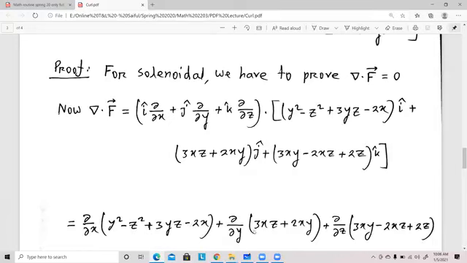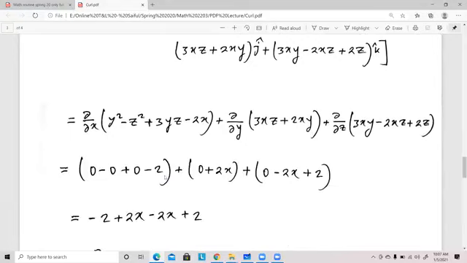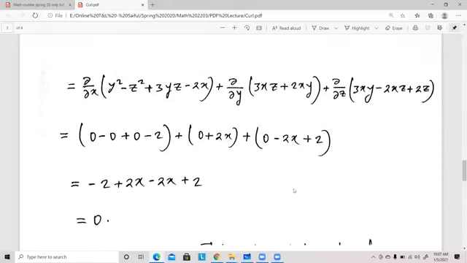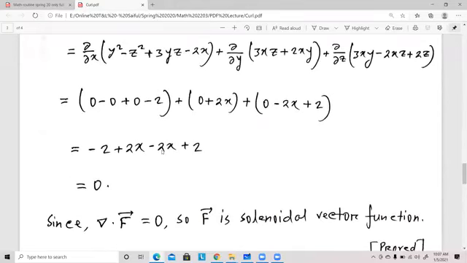From the second term, 2x থাকবে। 2y6, and from the last term, so minus 2x plus 2. Minus 2y6 plus 2. Good. So দেখো এখানে আমাদের minus 2 plus 2y6 minus 2y6 plus 2. So every term is cancelled. So it is 0, and since the divergence of f is 0, so f is solenoidal vector function.